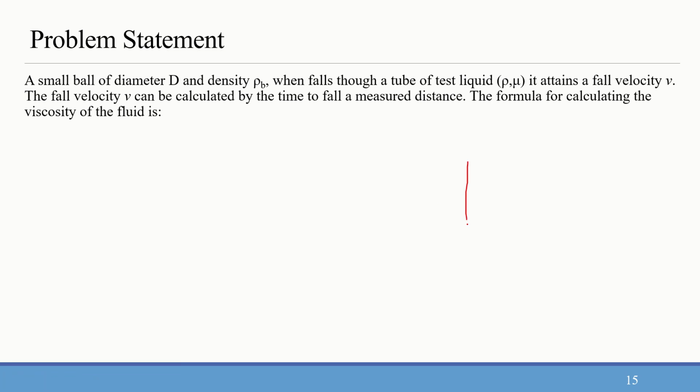So we have one tall column. We are allowing a particle to settle, a small ball of diameter d and density rho b. This ball falls through a tube of test liquid of density rho and viscosity mu, where it attains the fall velocity v.